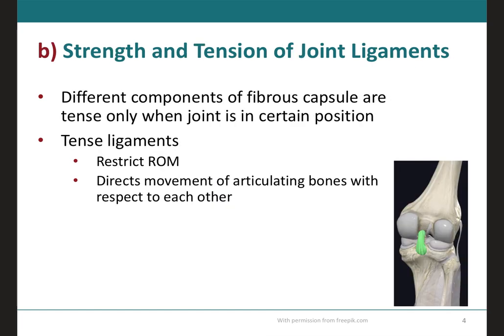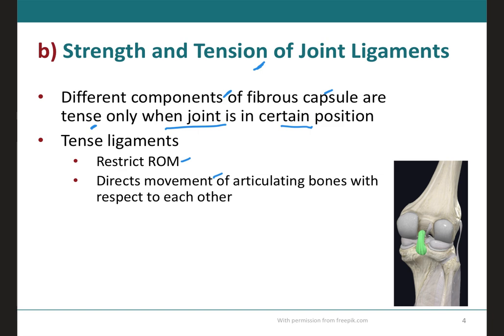Next, we have the strength and the tension of a joint ligament. The different components of the fibrous capsule create tension only when the joint is in a certain position. These tense ligaments not only restrict the range of motion, but they also direct the movement of the articulating bones with respect to one another.